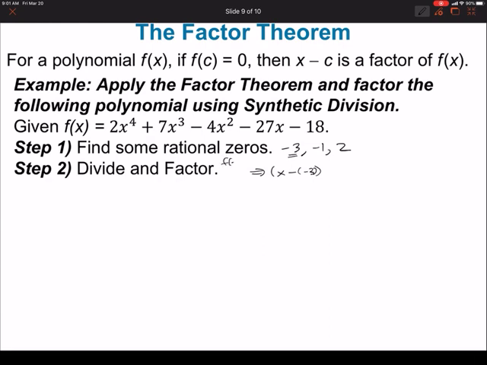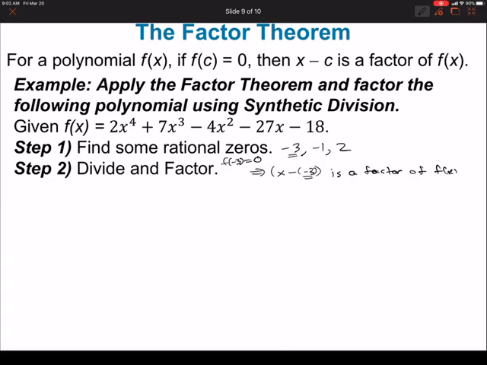So again, going back to our factor theorem, if f of -3 equals 0, then x minus -3 is a factor of f of x. So let's look at that with division. Let's set it up. We've got x minus -3.